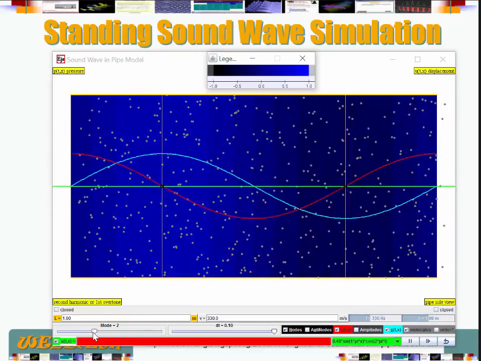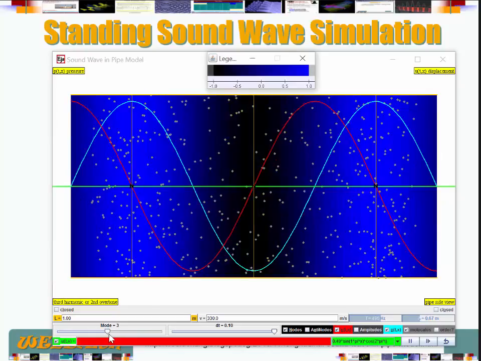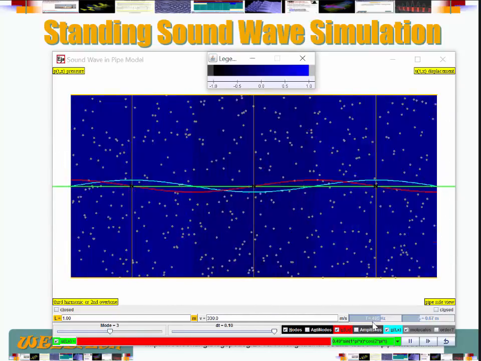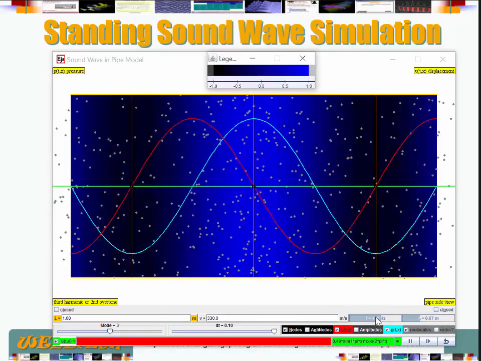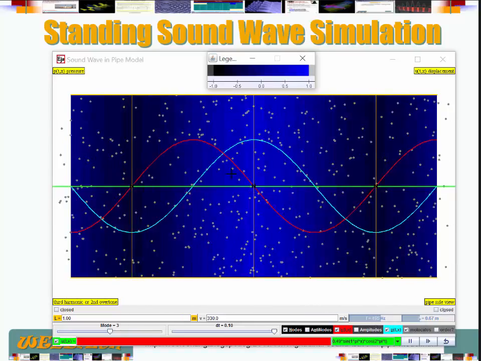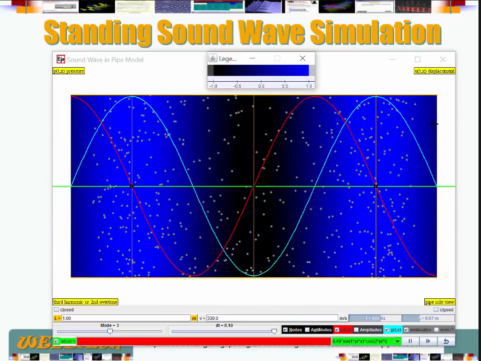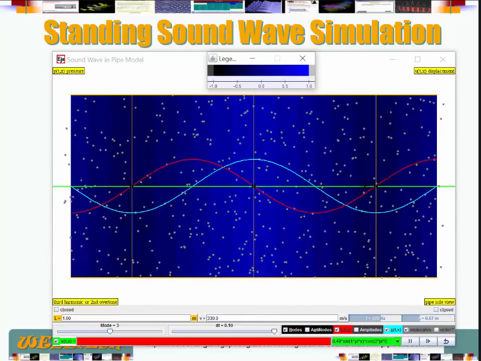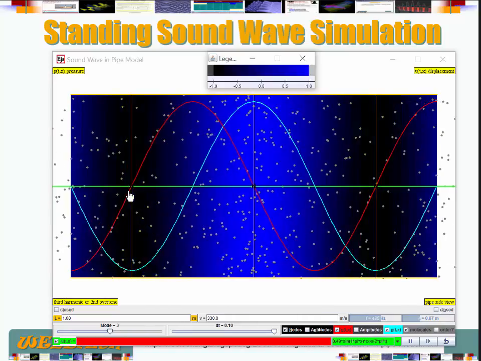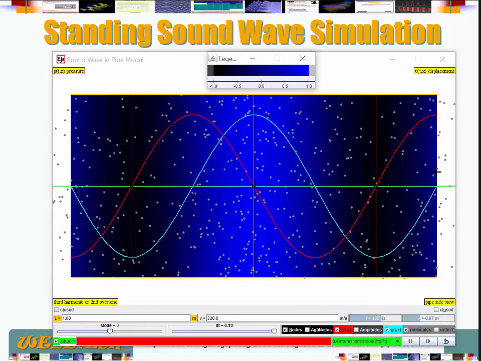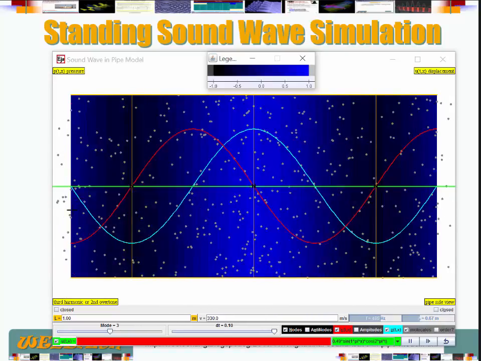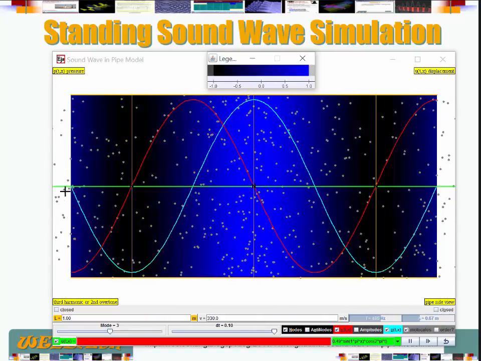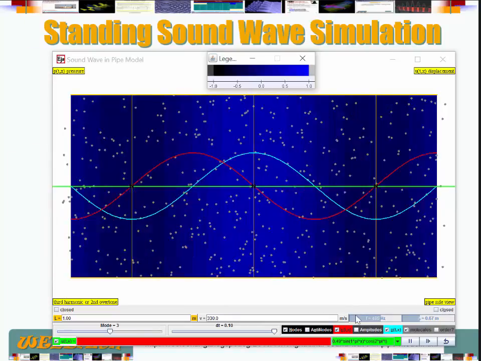If I go for the third harmonic, that's 3 times the fundamental frequency, we add another node in the middle for the displacement function, for the red curve. So we have 1, 2, 3 nodes. Again, antinodes at the open ends for the red curve, but nodes at the open ends for the pressure curve.